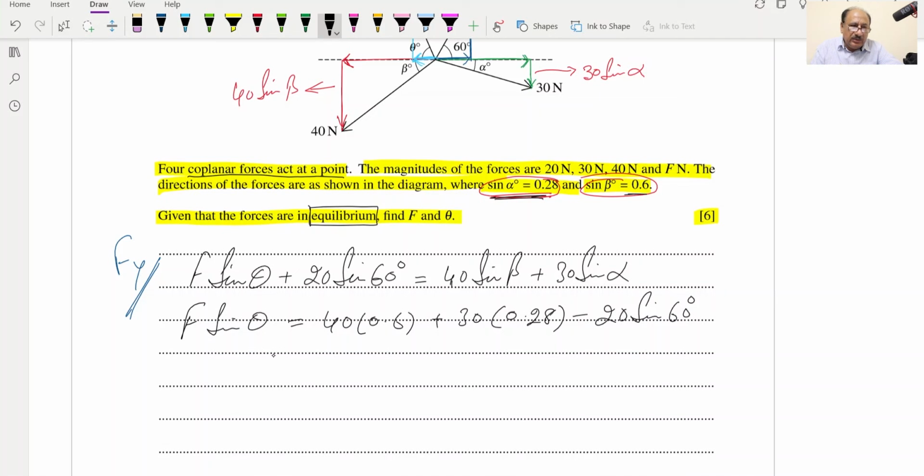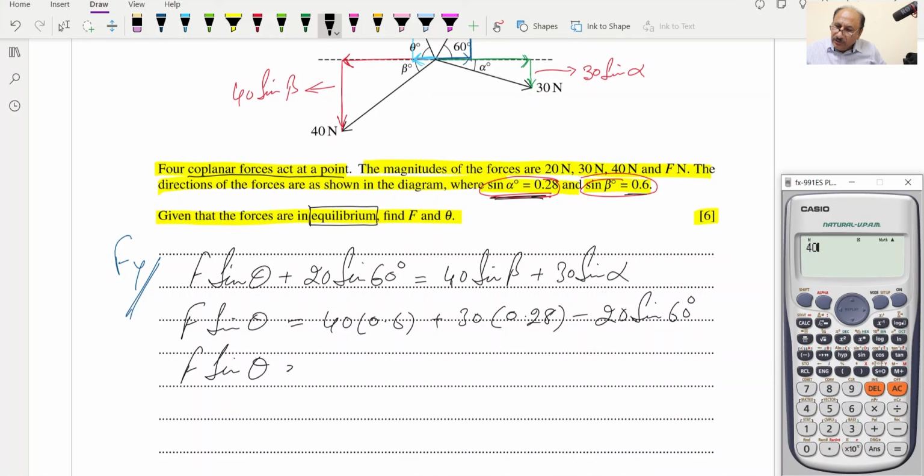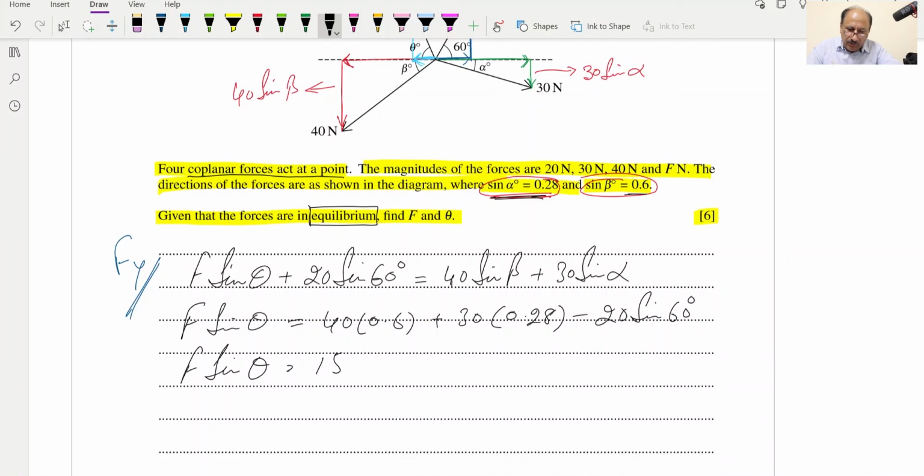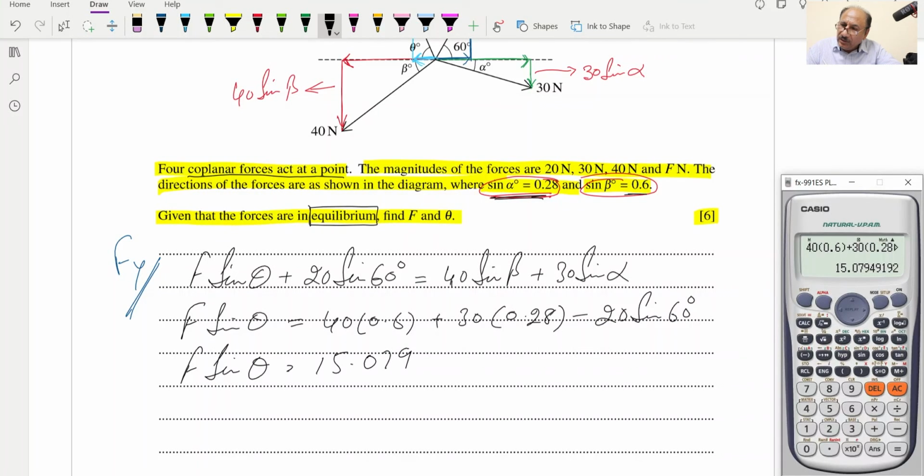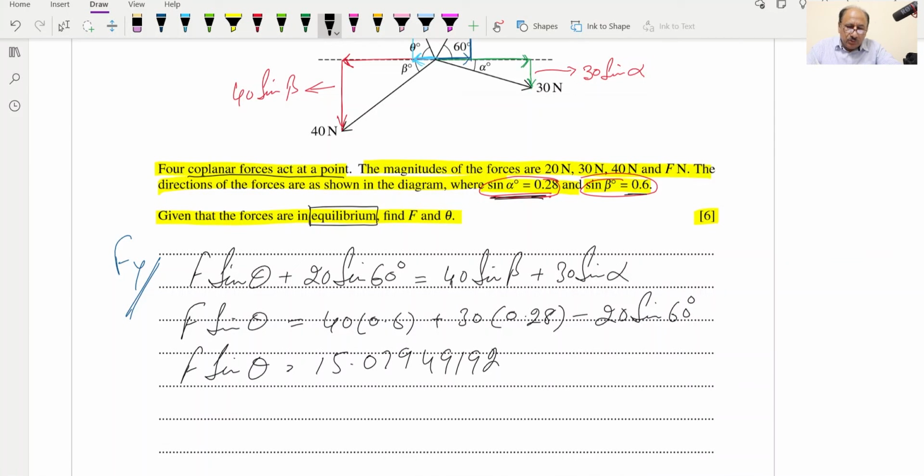By the help of calculator, F sine theta value is 15.079. If I write the whole calculator digits, 15.079192. So this will be our F sine theta value.